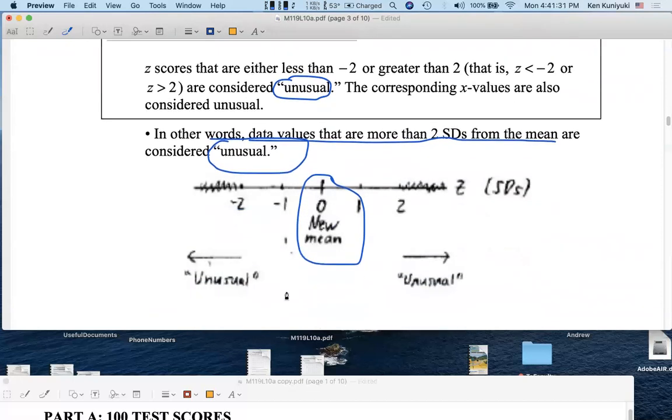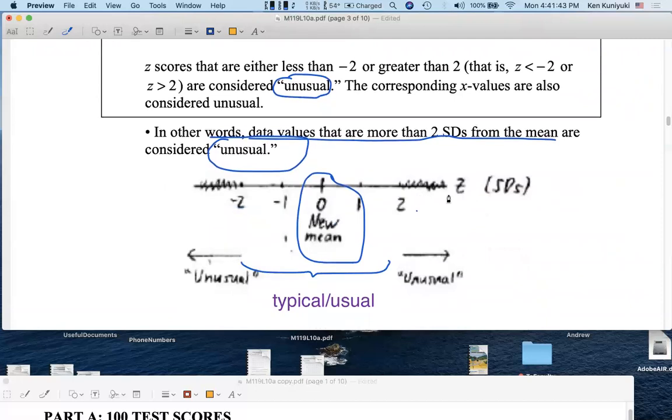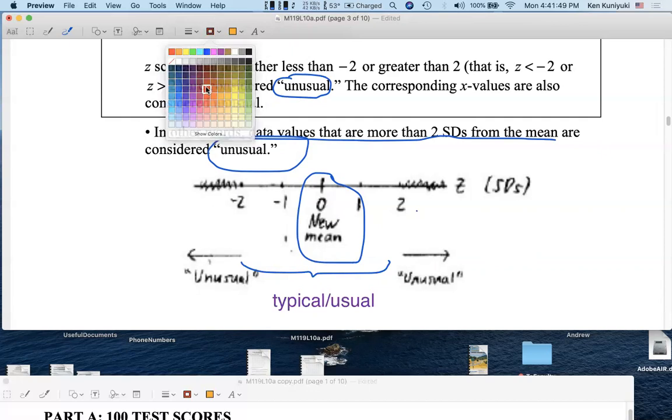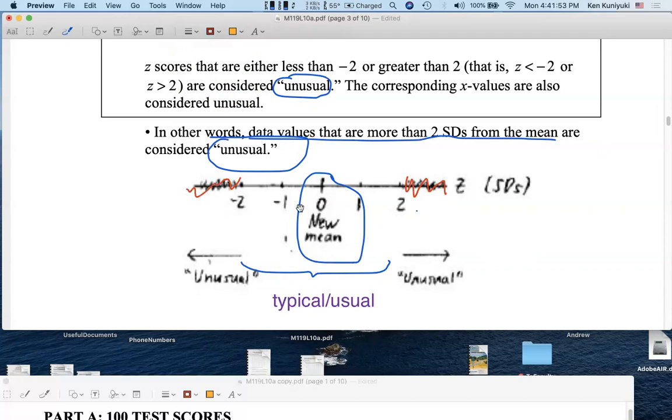So again, the typical or usual values would be inside here. But the unusually high scores would correspond to z-scores of greater than 2, and unusually low scores would correspond to z-scores of less than -2. So these would be considered the unusual z-scores, far away from 0.